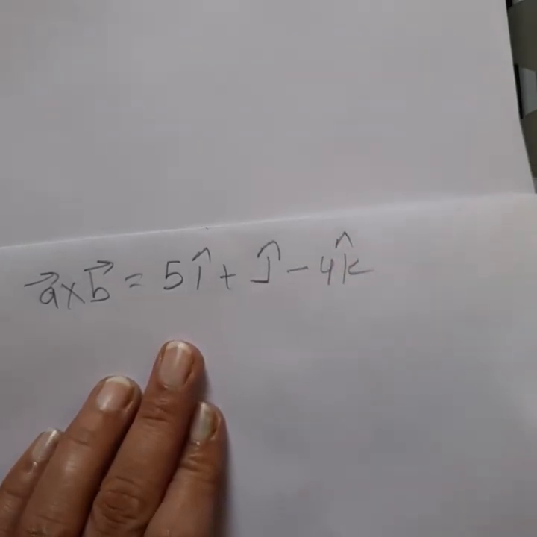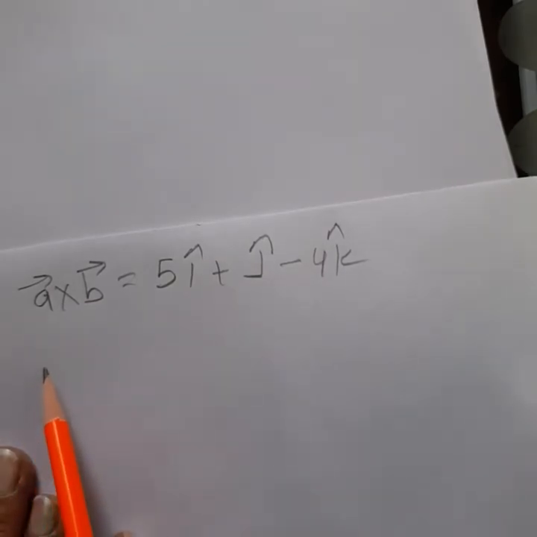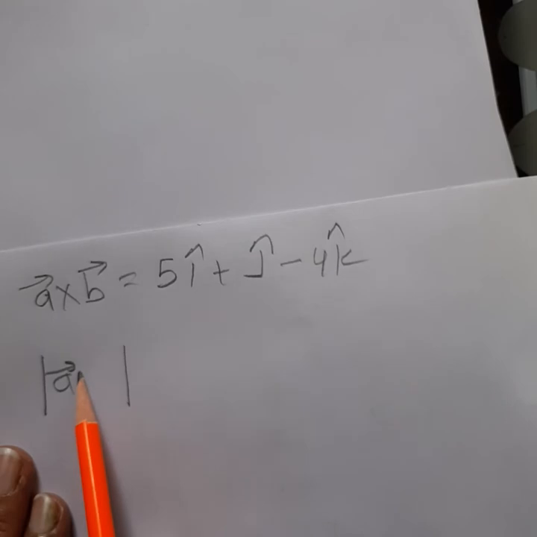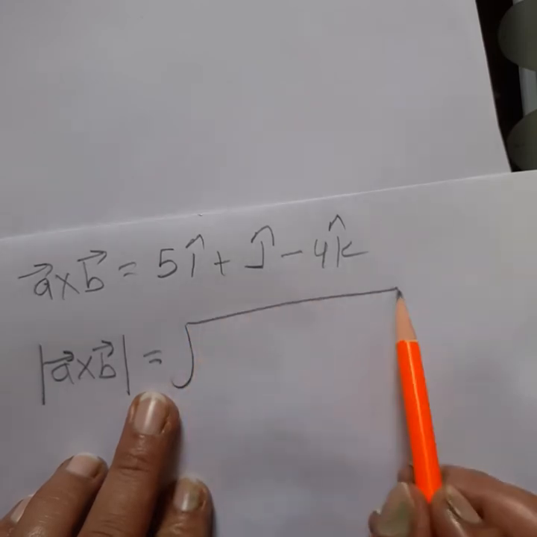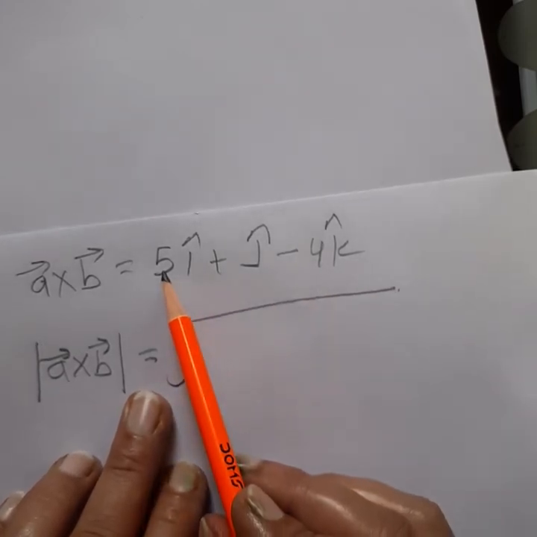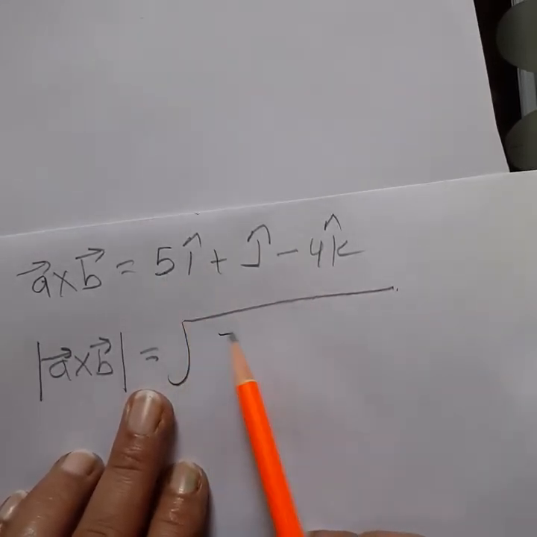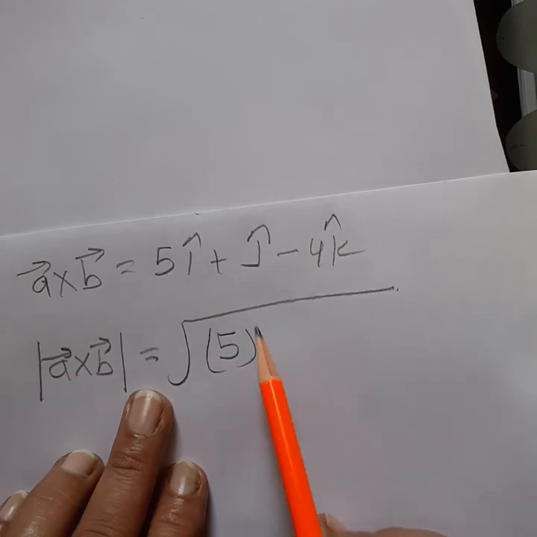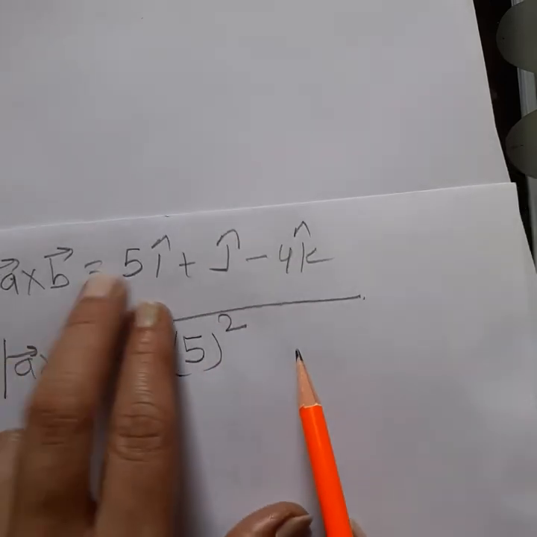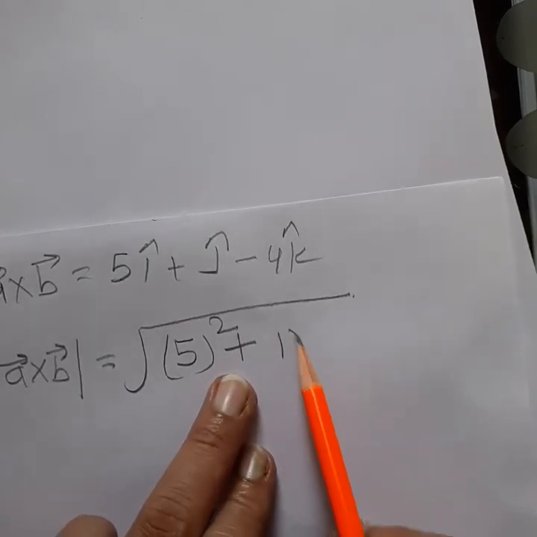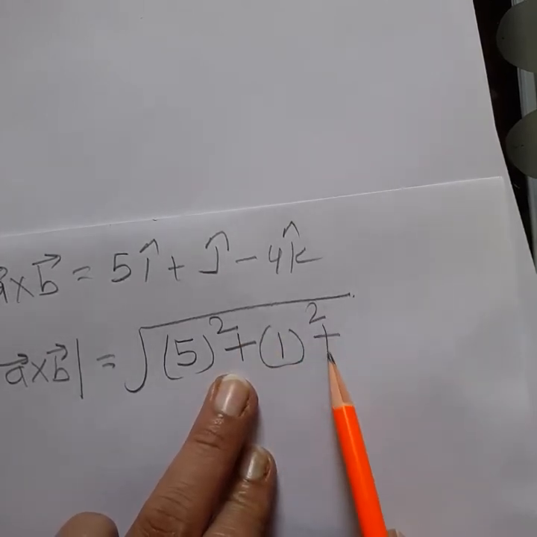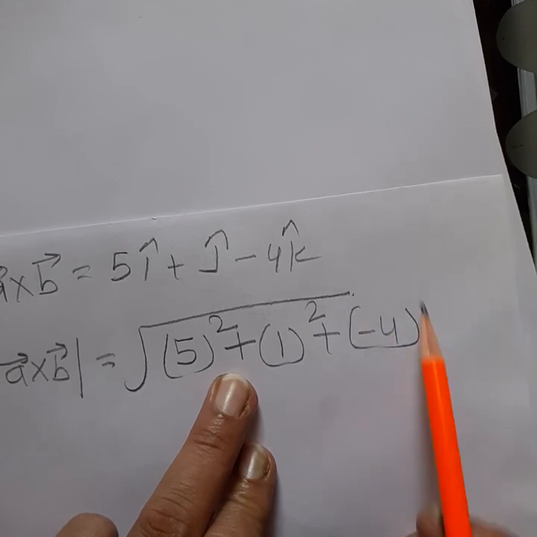Now to find the magnitude of this cross product, first of all we write here the sign of the magnitude, and you can take the magnitude in this way. First of all, you write the square of the coefficient of i, which is 5, and after that the coefficient of j is 1 and the coefficient of k is minus 4.